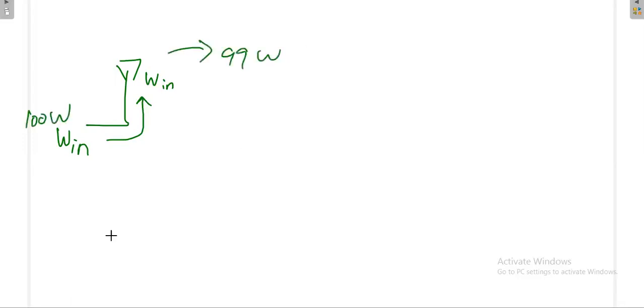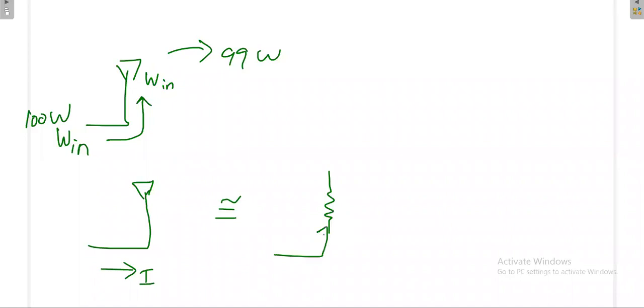So what they are trying to compare here is that you are giving current. Actually you are giving current, and you know you are radiating 99 watt. Then they are replacing this antenna. Instead of the antenna, they simply imagine you have a resistance, and you are giving some current. That resistor can dissipate power.